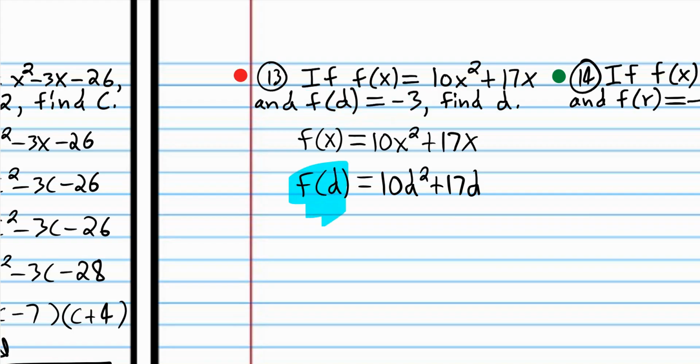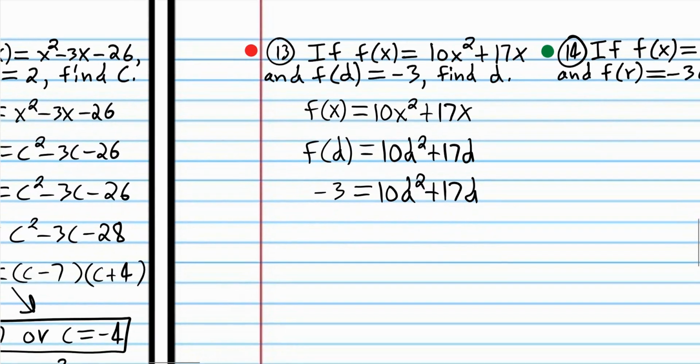So I'm just going to rewrite f of d as negative 3. I'm copying the same exact equation, just replacing f of d with negative 3. And this is a quadratic equation, so I have to put it in standard form in order to be able to solve it.